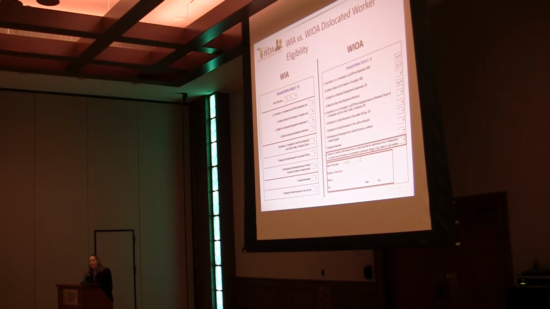And then we also have 5 new fields related to the employer of dislocation. Now those are optional fields, but it's the employer of dislocation, address, city, state, and zip. All optional. The only one that's required is the date of dislocation field. Any questions on the new eligibility? Okay.